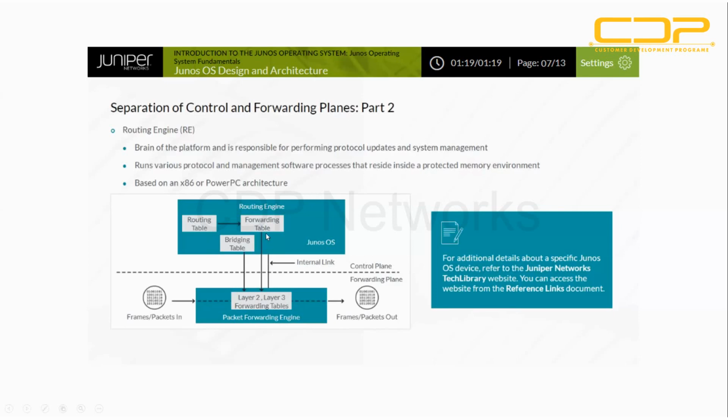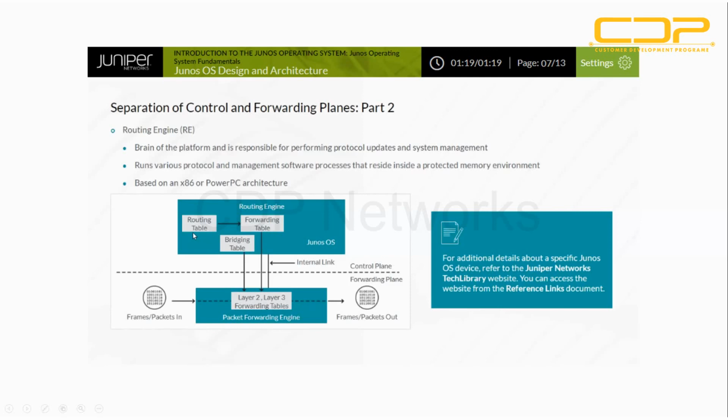There is an internal link between the routing engine and the packet forwarding engine, or you can say between the control plane and forwarding plane. This link is basically used for controlling unwanted packets, which may interfere with your routing engine.